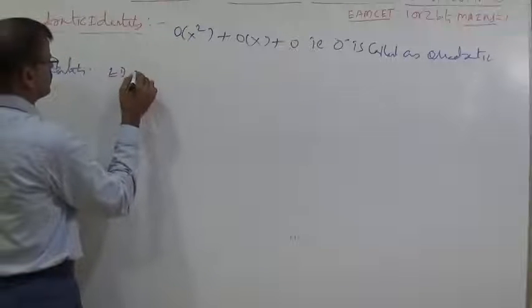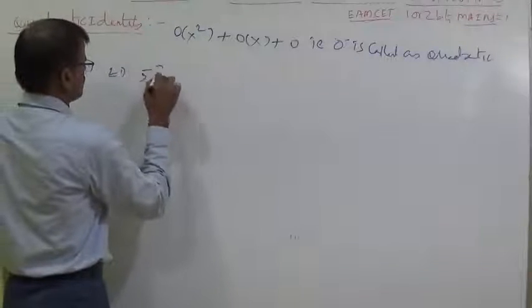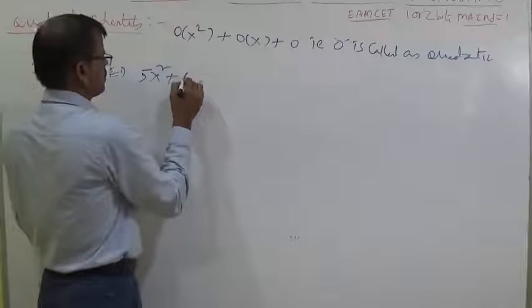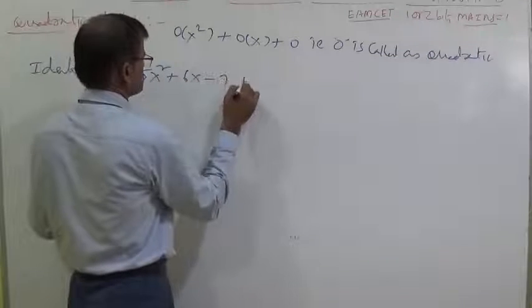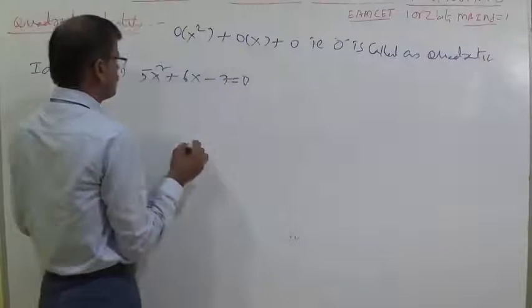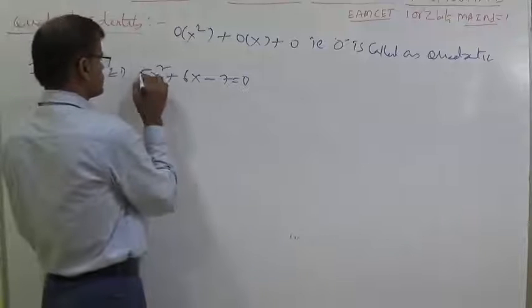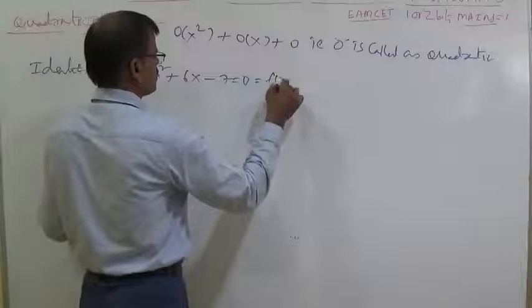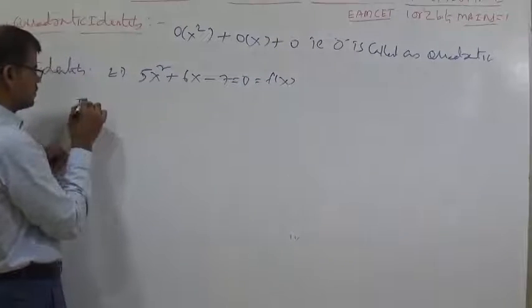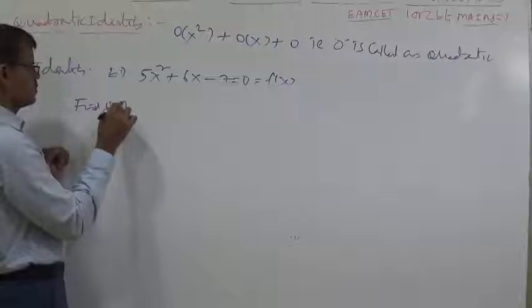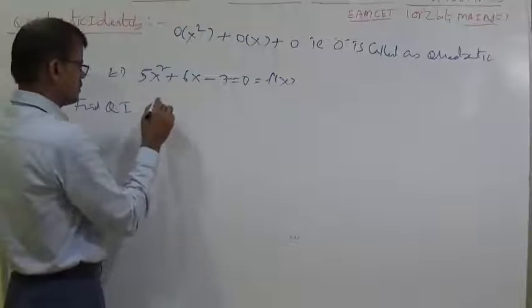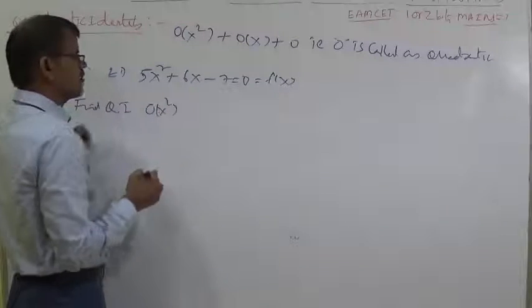Example, you take it like this: 5x square plus 6x minus 7 equal to 0. This is f of x. Find QI. What is QI? Quadratic identity. So you should get the same answer.